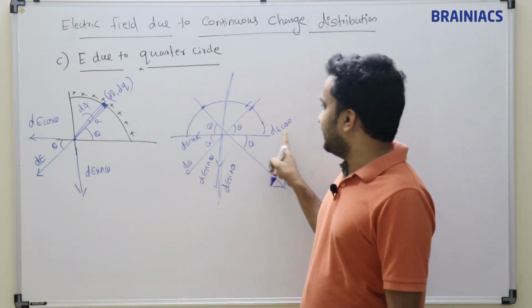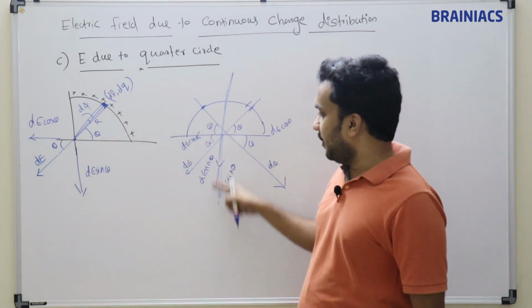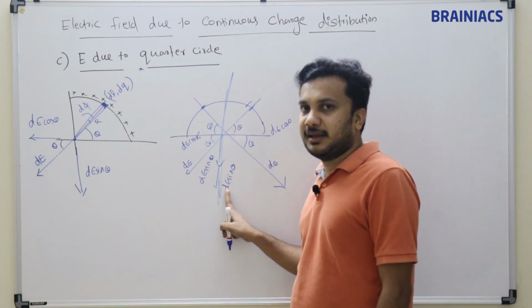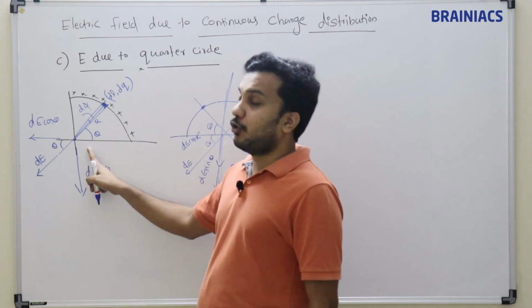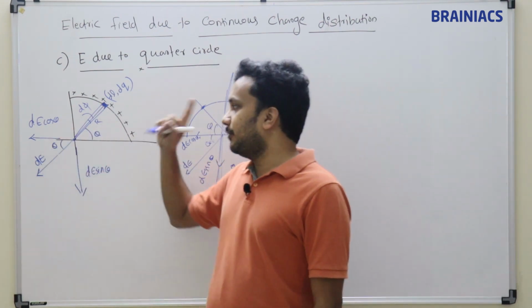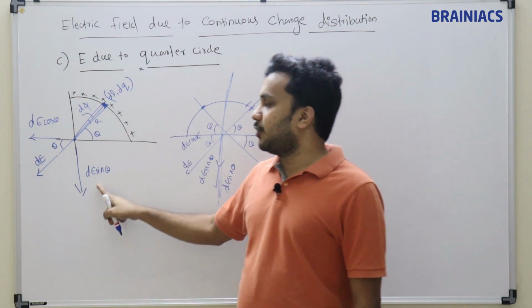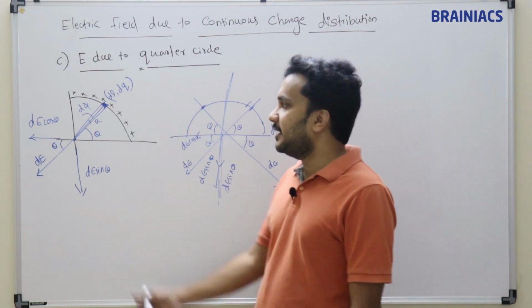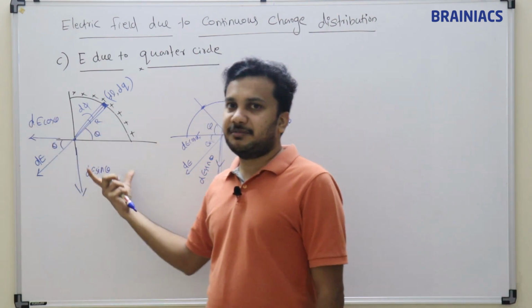There the x components cancel and the y components add up. But in the case of a quarter circle, an x component does not cancel with any other x component, and the y component also exists. So in short, I have an x component and I have a y component.